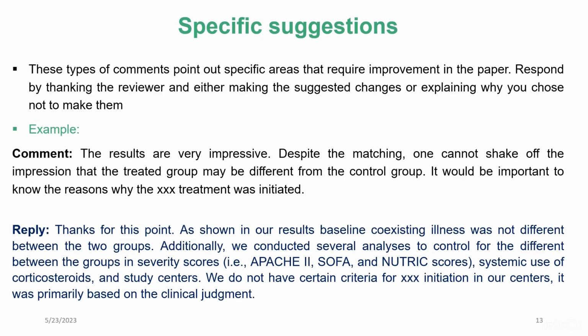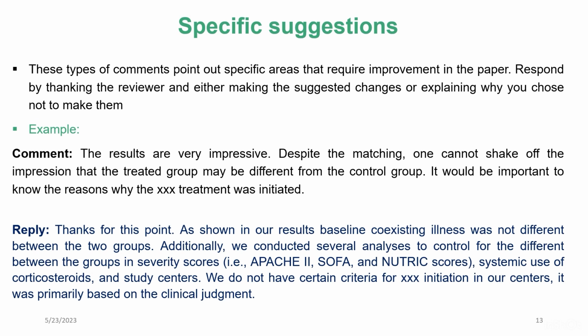The other type of comment is a very specific suggestion, and those are where we move to either a specific part of your manuscript that they have commented on, or a specific area that needs improvement. Again, you have to thank the reviewer by making suggested changes or explaining why you choose not to make them.